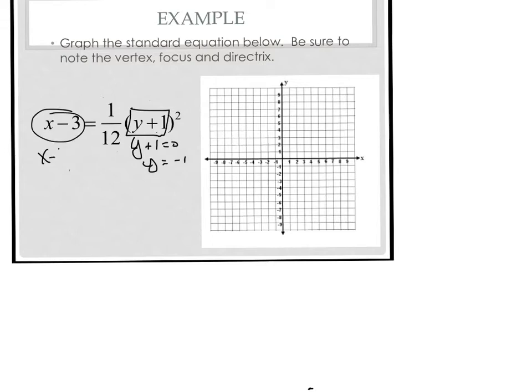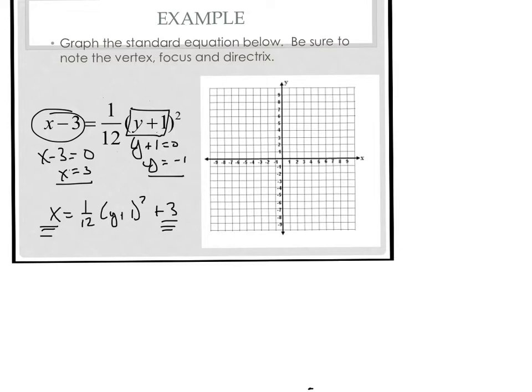Set this equal to 0 and solve. X is by itself, y is by itself. So what that means is if I had this on the other side, the x is by itself, so it's the +3. And so that's what we need to understand.